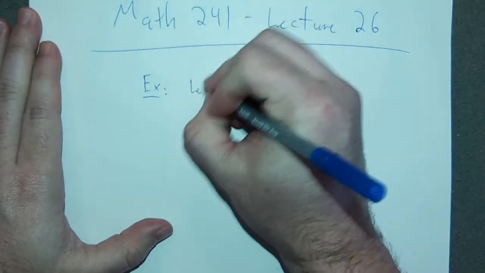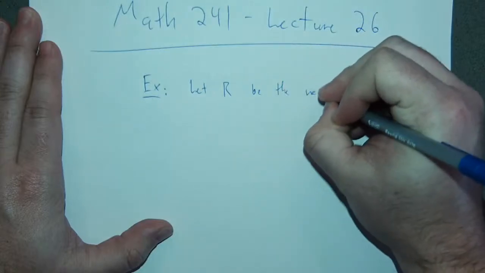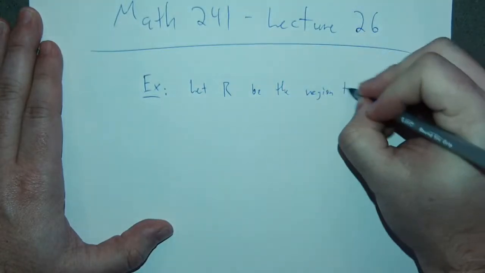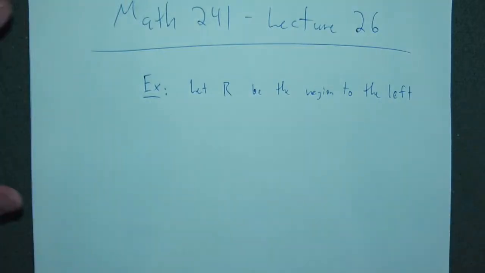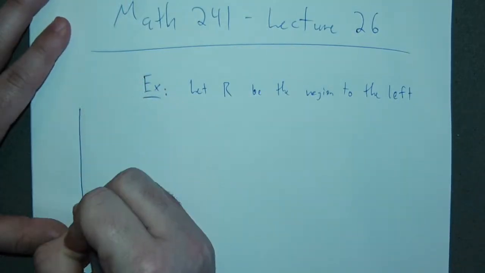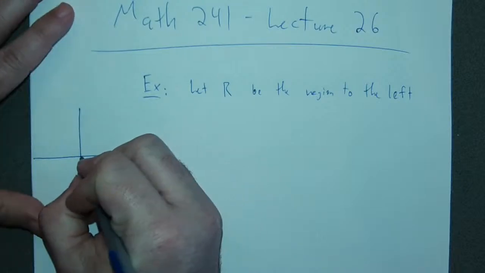So let R be the region to the left. I haven't drawn it yet, so let's go ahead and do that. Let R be the region between the polar graphs of the polar functions r equals theta and r equals 2 theta. So what does this look like?